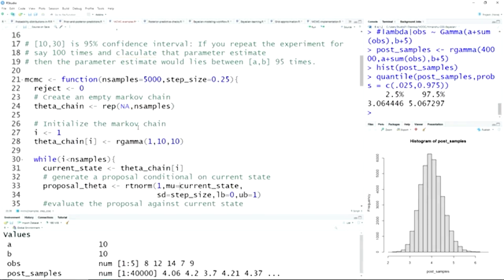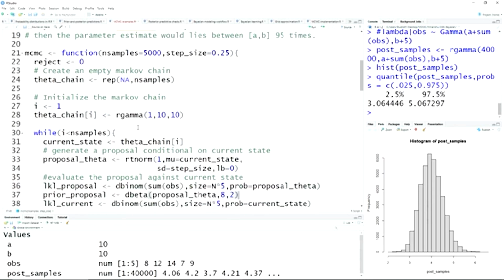Then here, do we still want to generate from normal? Yes, that's fine. But you can change the lower bound and upper bound. So we want lambda to be greater than 0. Okay, so that is fine, but we do not want any upper bound. So earlier we had parameter theta in the binomial case, which had a lower bound as well as an upper bound. Now lambda has only a lower bound.